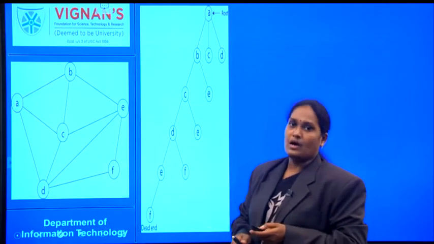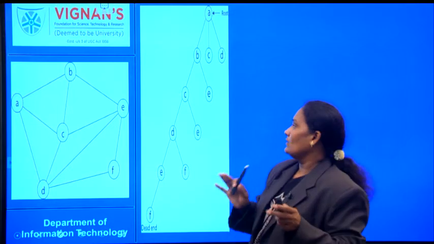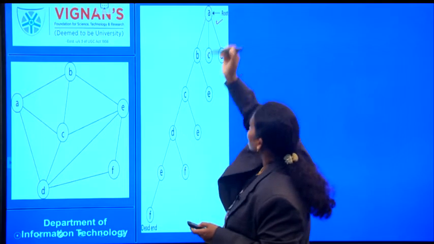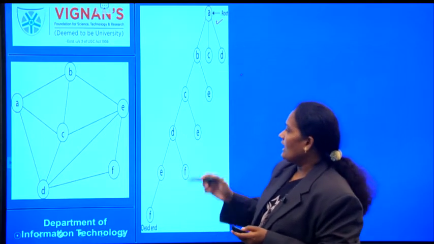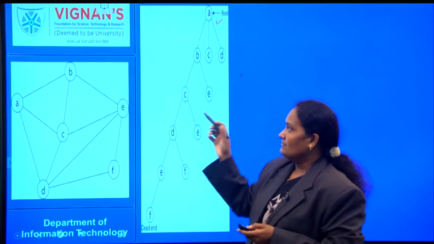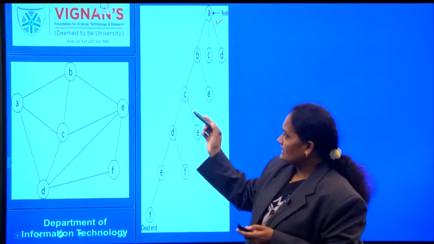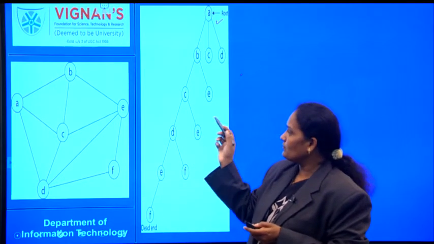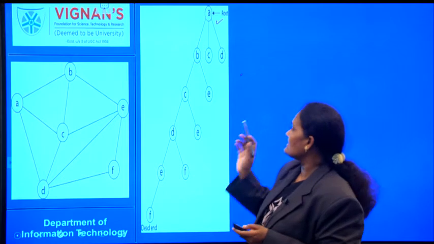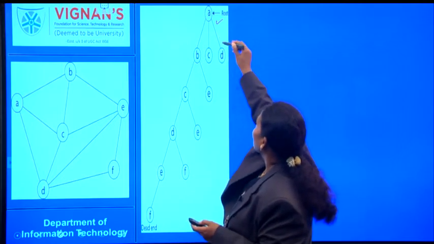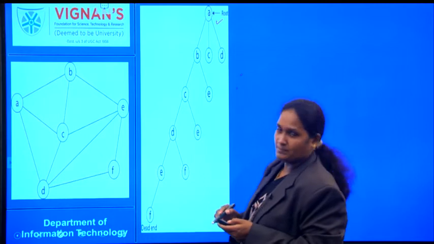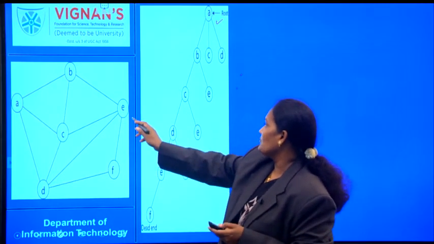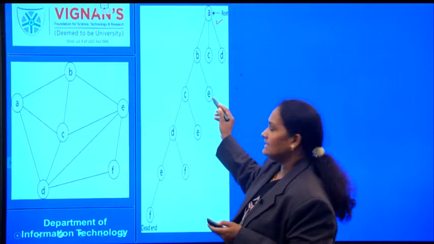Initially we are starting with node A. From node A, I can reach B, C and D, that is, there are edges from A to B, A to C and A to D. Suppose first I am considering B. From B, I can move to C or E.